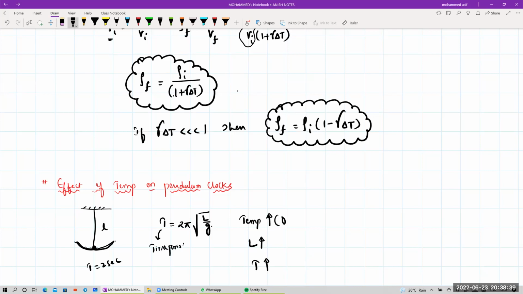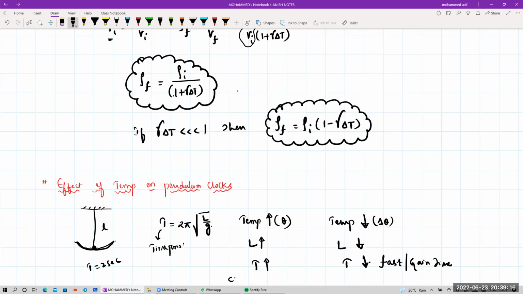Temperature I am representing here by theta, not with T. In the same way, when temperature decreases, that is delta theta, the length also decreases. When length decreases, the time period also decreases. When the time period is decreasing, the clock will go fast, or gain time. And when the time period is increasing, the clock will become slow or lose time.